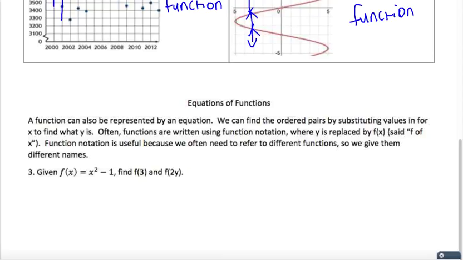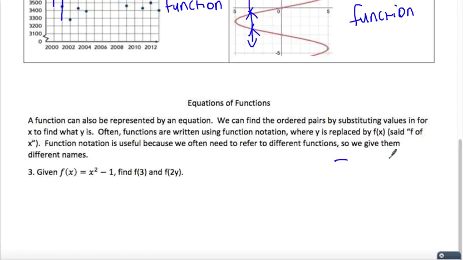So a function can also be represented by an equation, and then you would find the ordered pairs of that function by substituting in values for x to find what y is. Function notation is one way to write the equation of a function. So instead of writing y in function notation, you write f of x, and it's f parentheses x, but you say it f of x. It's not f times x.